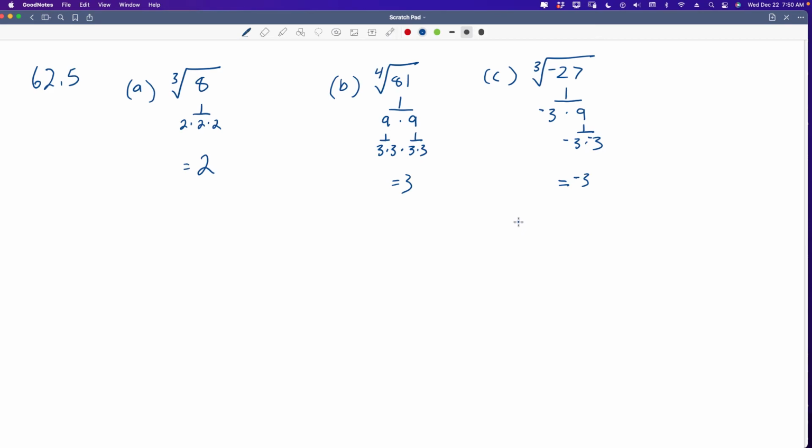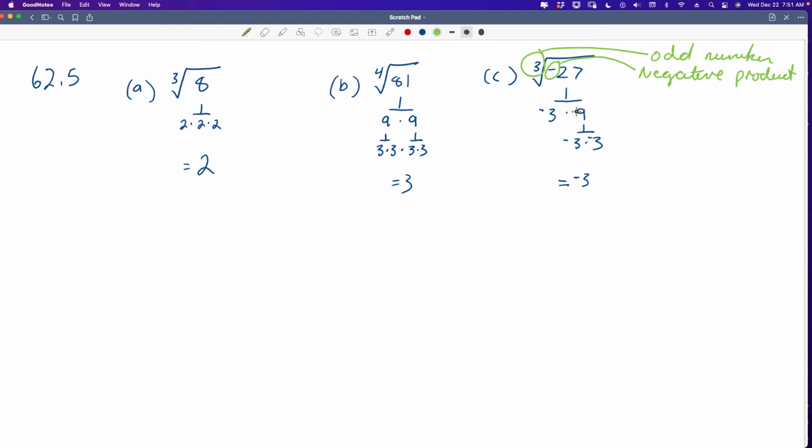So pay attention to this. When you have an odd number and you have a negative here, a negative product, that's what that is, because this is a multiplication.